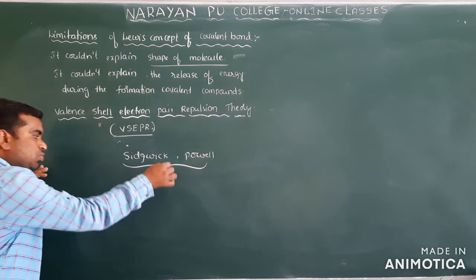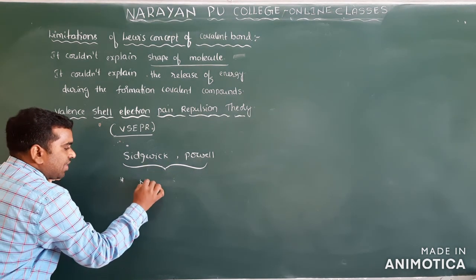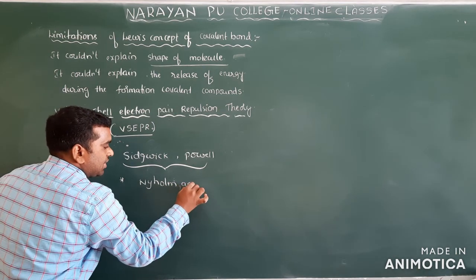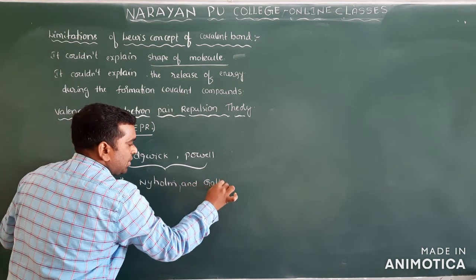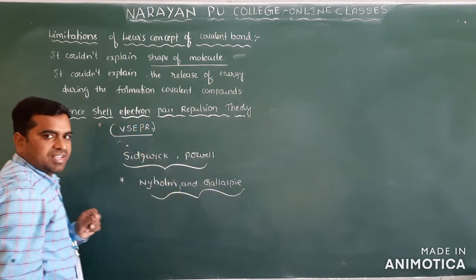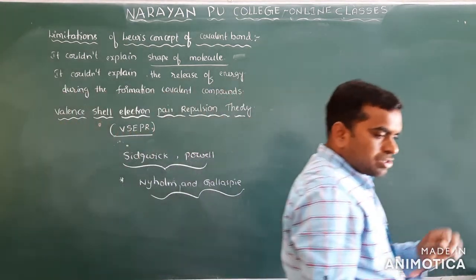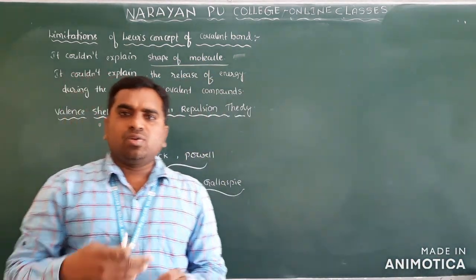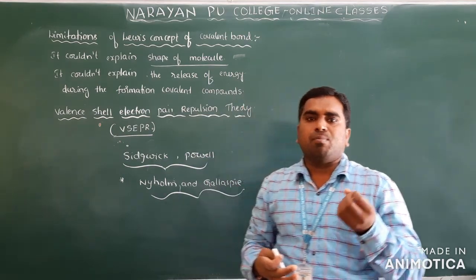It was then developed by another two scientists, Nyholm and Gillespie. These two scientists developed this theory. Clear? So as I mentioned, the Lewis concept does not explain the shape of the molecule.